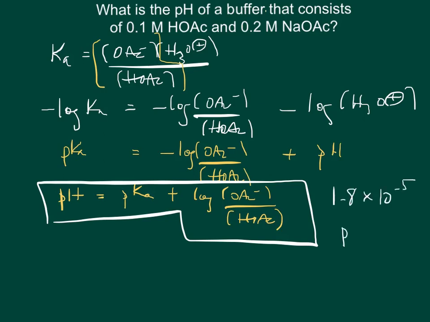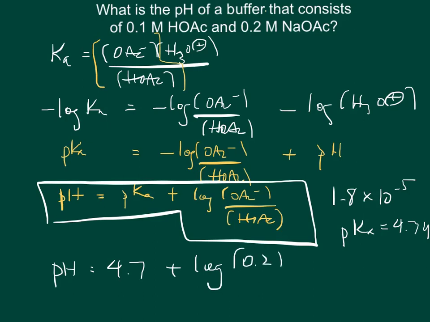That corresponds to a pKa of about 4.74. And so pH equals 4.74 plus log of the concentration of acetate ion, or 0.2, divided by the concentration of acetic acid, or 0.1, which works out to be exactly 5.0.